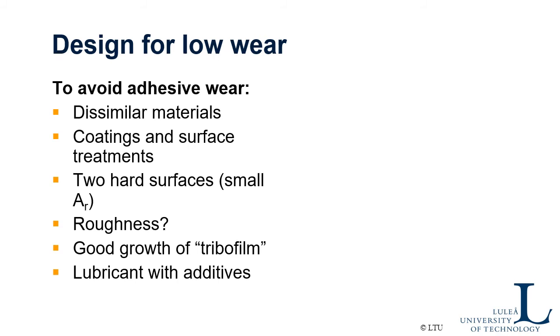How to design for low wear then? Well, as I've already been saying here, you should avoid having similar materials. Sometimes you can't do that, but in a sliding contact, try to avoid having the same materials, and especially materials that are pretty much compatible to each other.